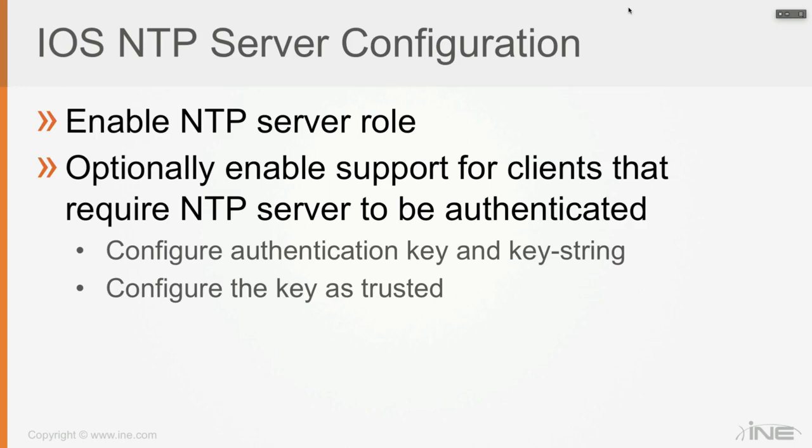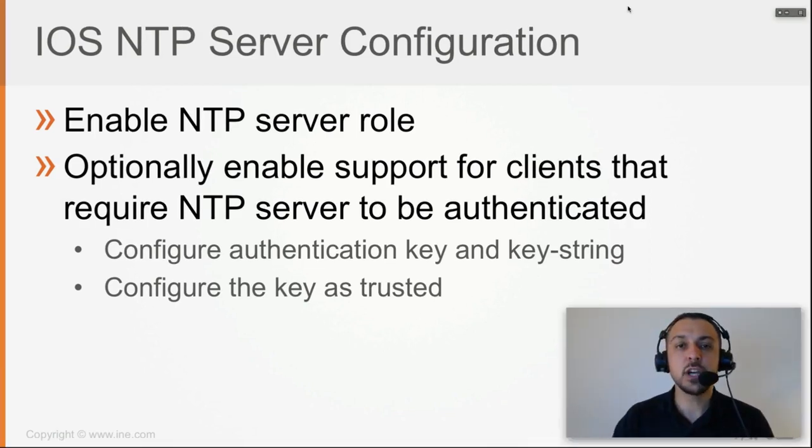This is by design of NTP. So not only do you have to define the key and the key string, but also you have to define the key as trusted. Now, depending on the IOS code or whatever code you're running on other devices, it may not be needed to put the key as trusted.